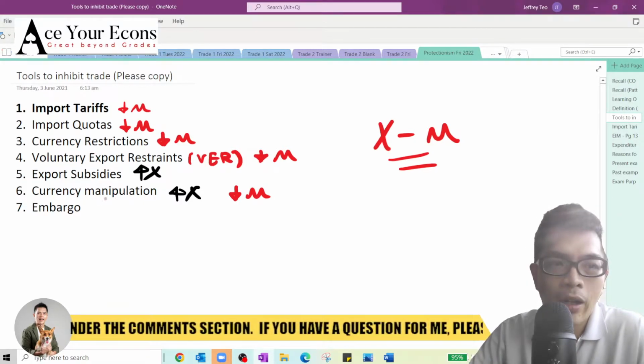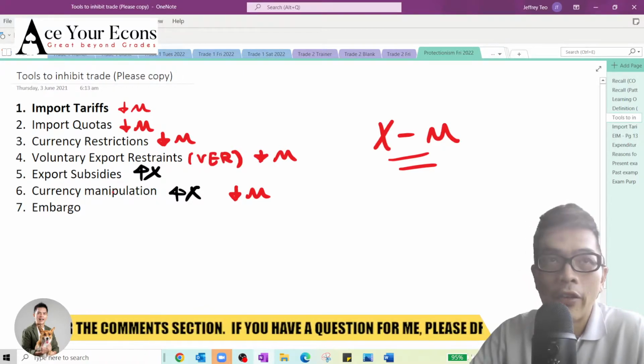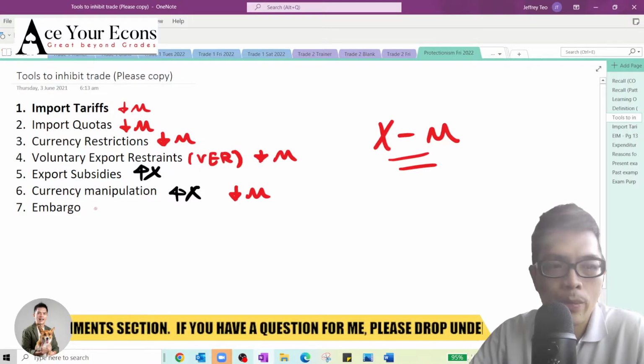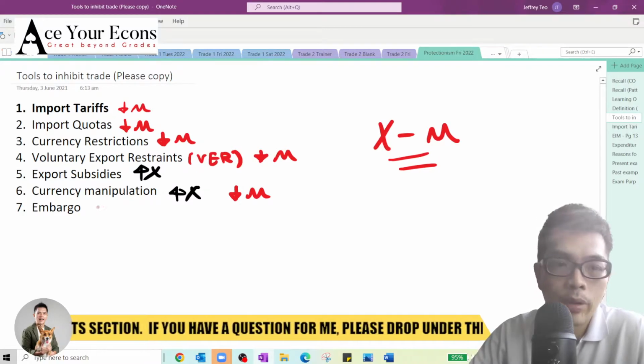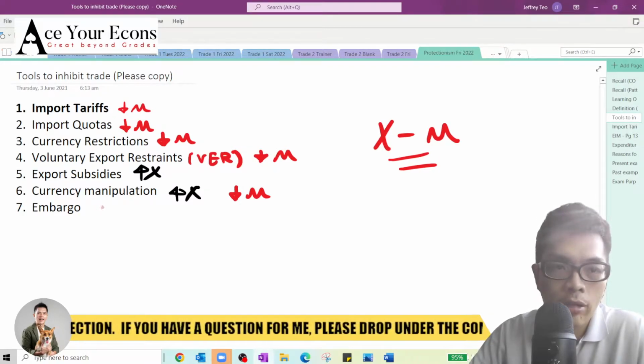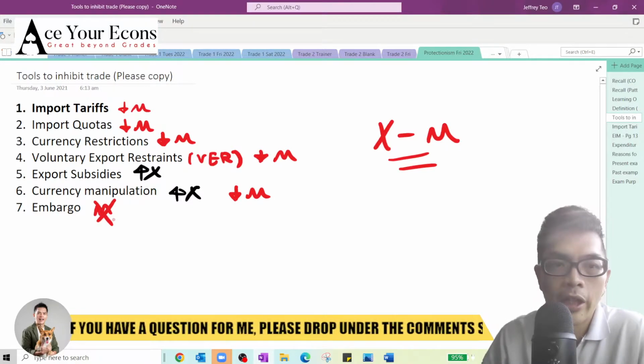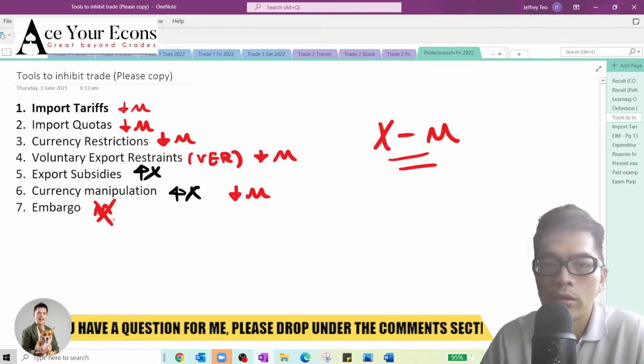An embargo is actually a very severe form of quota. It simply means a trade ban. There will be zero imports. You cannot buy goods from or sell goods to the other country.